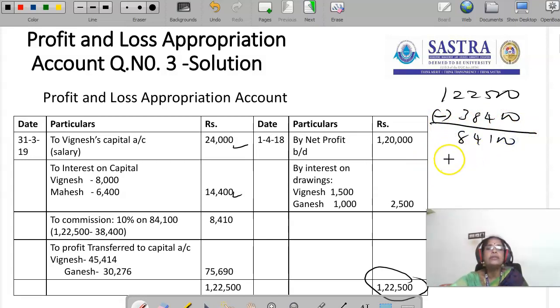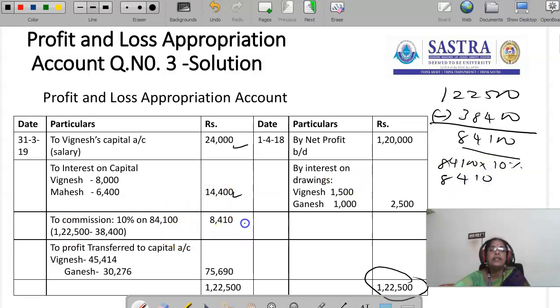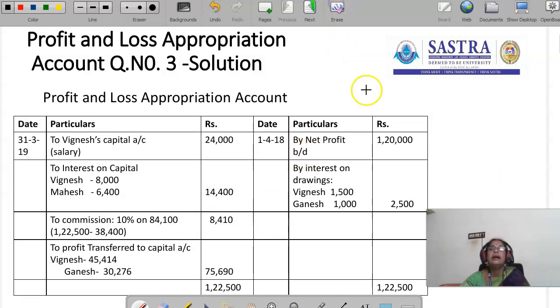So 84,100 is the base for commission. 84,100 into 10% is 8,410. So the commission is 8,410. Then the divisible profit after the commission, interest on capital and interest on drawing is 75,690.